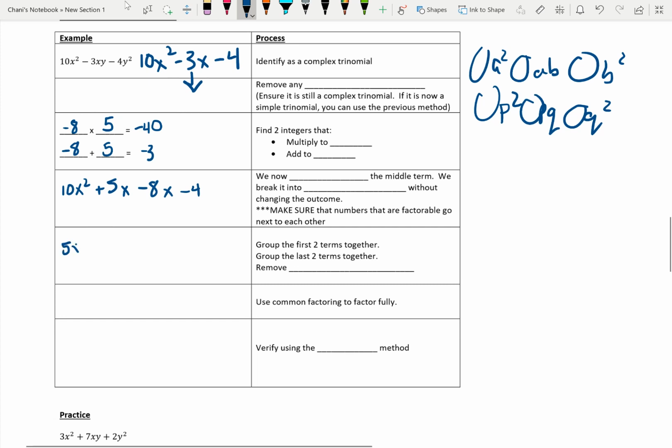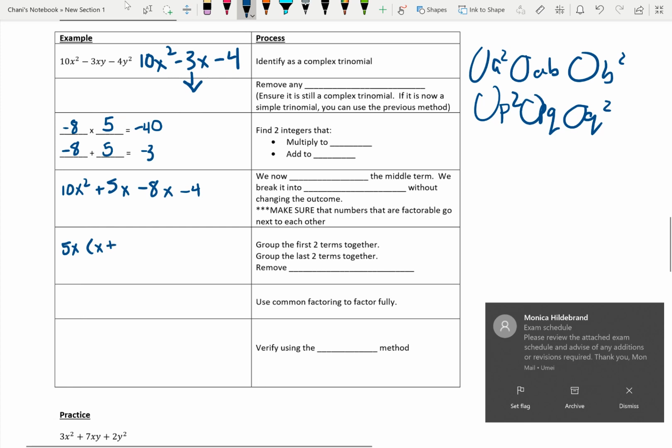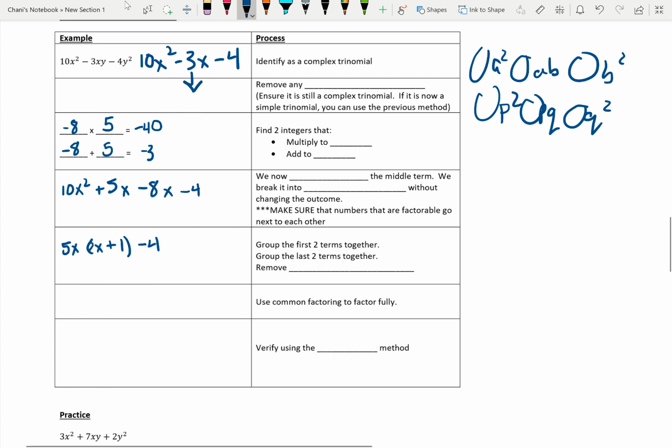All right, group the first 2 terms together. I can take out a 5x and I'm left with 2x plus 1. And here I can take out a minus 4. Oh, sorry, this was 2x plus 1, and I'm left with 2x plus 1. Okay, and then I can common factor, so 2x plus 1, 5x minus 4.